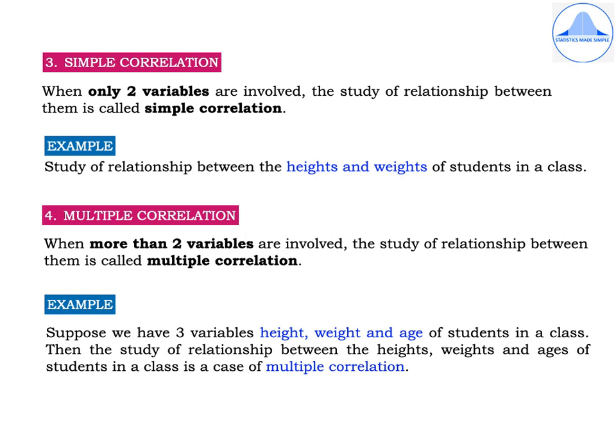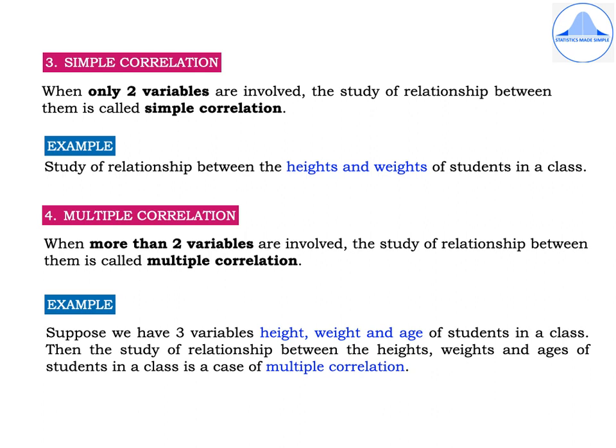Third, simple correlation. When only two variables are involved, the study of relationship between them is called simple correlation. For example, study of relationship between heights and weights of students in a class. Fourth, multiple correlation.